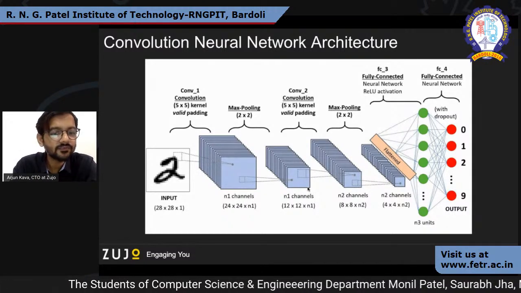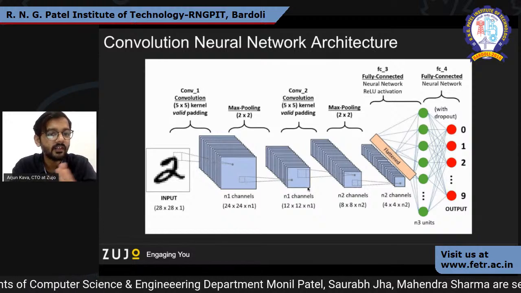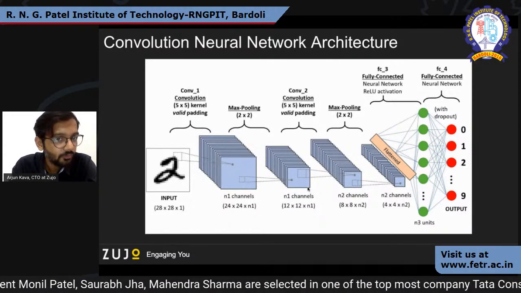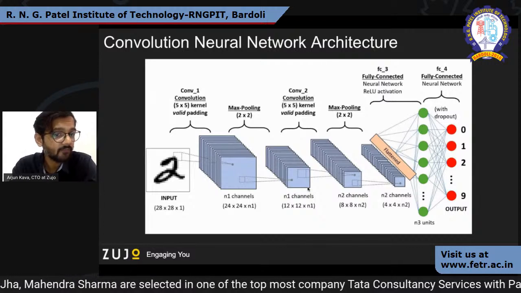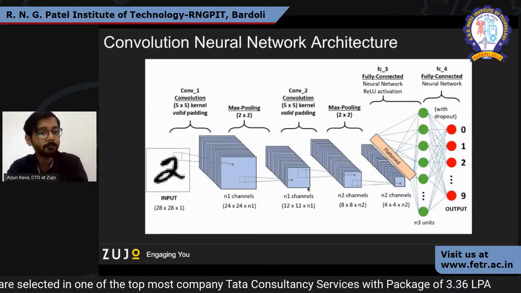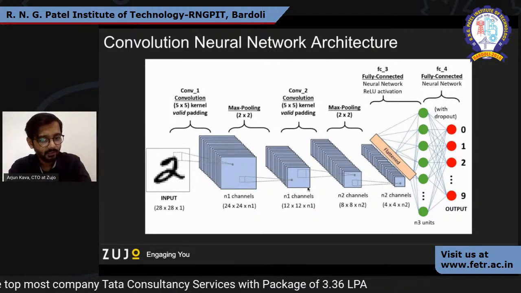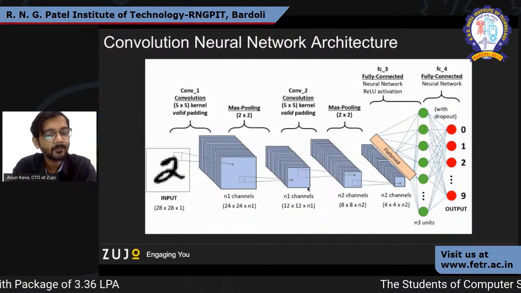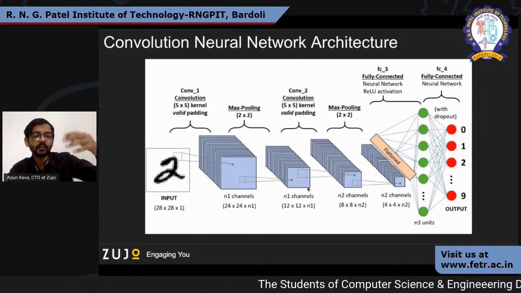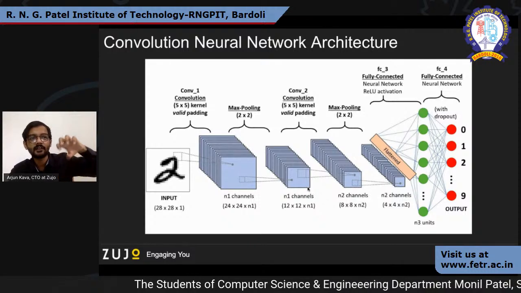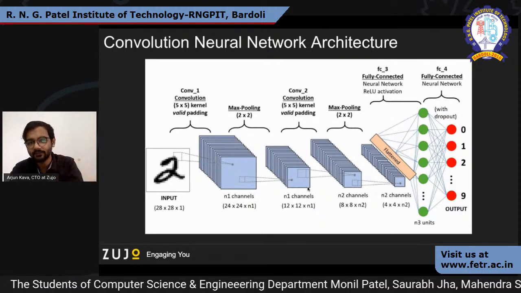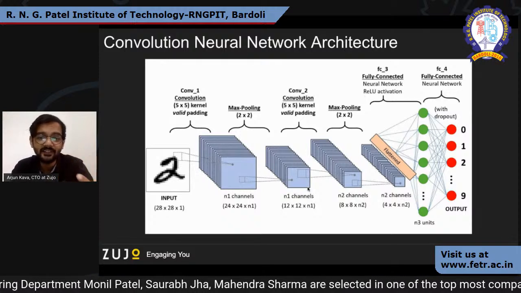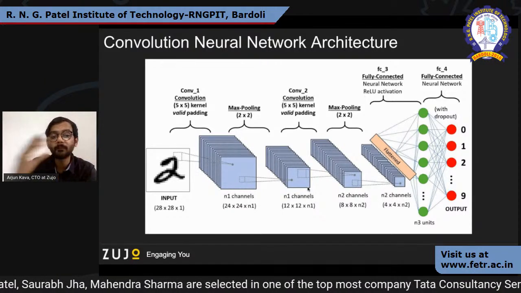And then, as you can see, there is the first part called convolution 1, with convolution kernel and valid padding. Kernel and valid padding we are going to explore in the next slides. Right now, what it basically does is decompose your high dimensional data into lower dimensions.